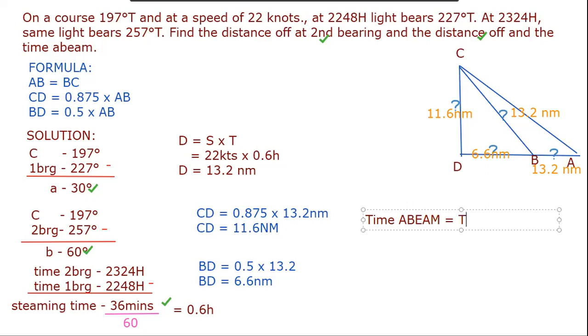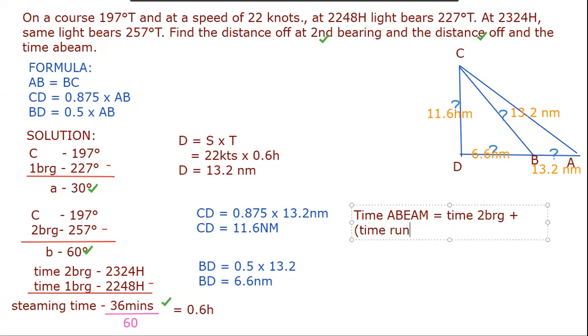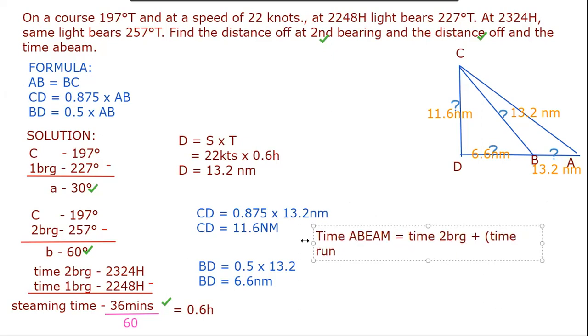kukunin mo yung time ng second bearing. Bakit yung second bearing? Kung ito yung abeam mo, anong oras ba nandito yung vessel mo? Dapat malaman mo, no? So, time of abeam is time of second bearing plus the time run, multiply by 0.5.